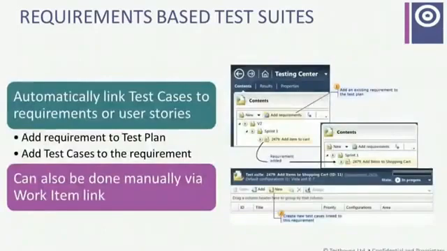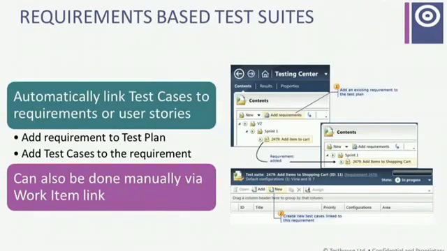But the most useful, and the one I'd recommend you use wherever you can, is to have some requirements in the system already. So once you press the requirements button, as seen there, then the test suites will automatically be created, and you'll get linkages as well between any test cases that you create and the requirements.